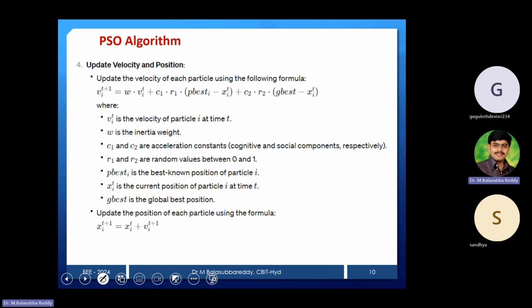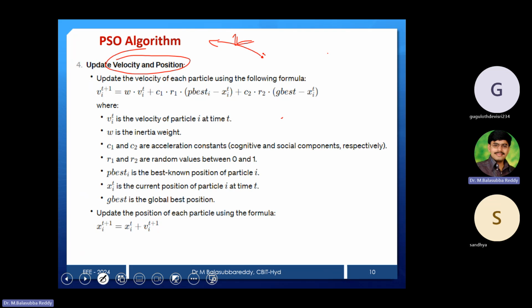Now, the next step is to update the position and velocity. Now you are here and some other guy is here, some may be here. With some velocity, we are moving. Update the velocity of each particle. Now this is the position. Now we'll move with some velocity. This is the starting position. After that, with some velocity, we are moving.